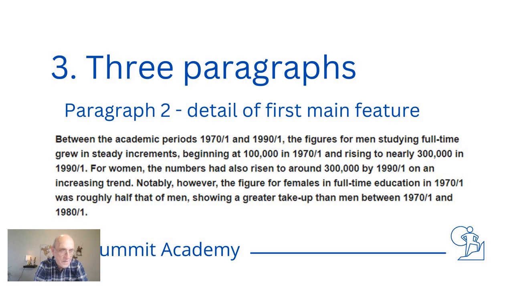So I hope that you're seeing how this works. It's not difficult. I've just chosen to describe the trend with men and then the trend with women. Okay, that's the only feature that I've decided to include in this paragraph.